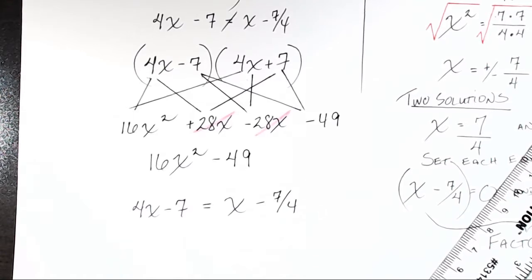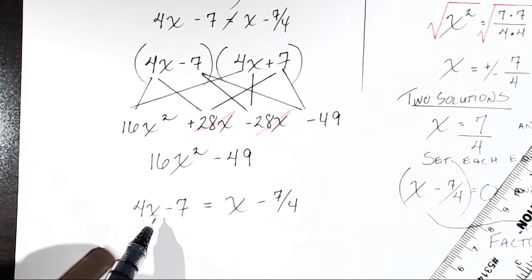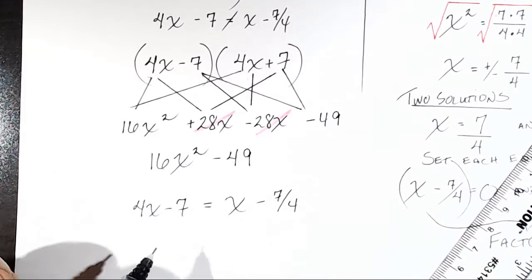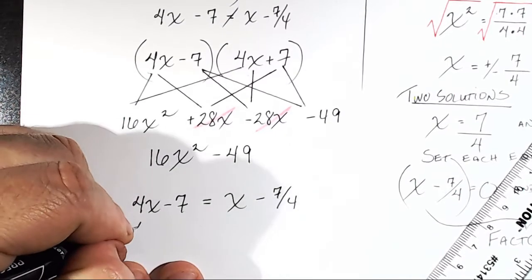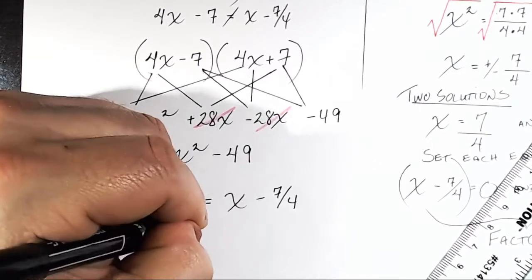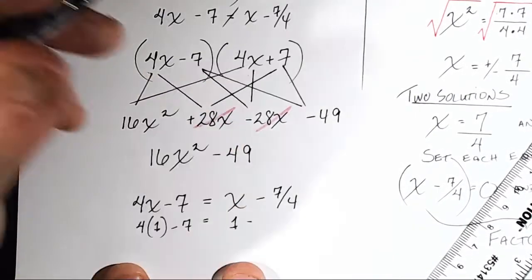Well, we could try a number. You could say, well, what if x was 1? If x is 1, then you have 4 times 1 minus 7 equals 1 minus 7 over 4.